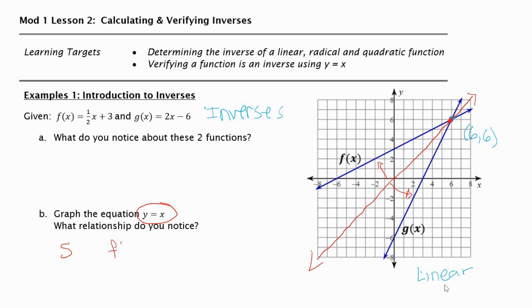So f of x and g of x are symmetrical about, or reflect about, y equals x. If I reflect it across y equals x, I'm going to create the other function.